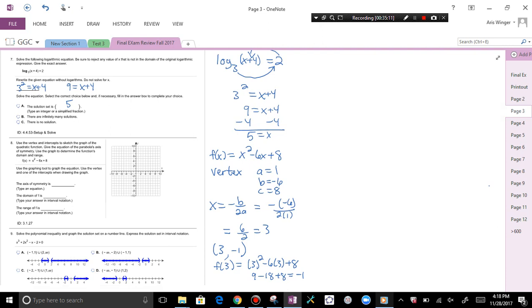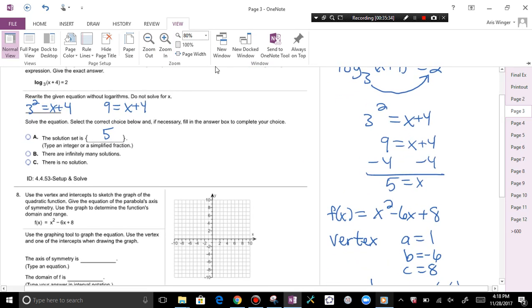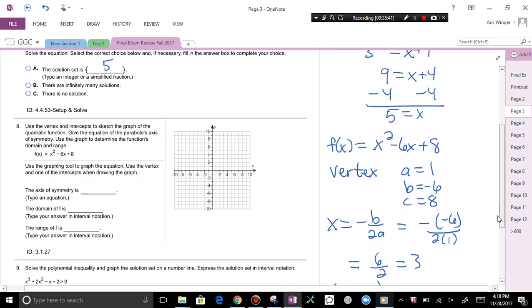How close? Wonder how much they learn. No, I know. Zoom in. Thank you. Yep. Please go down. All right, I know.